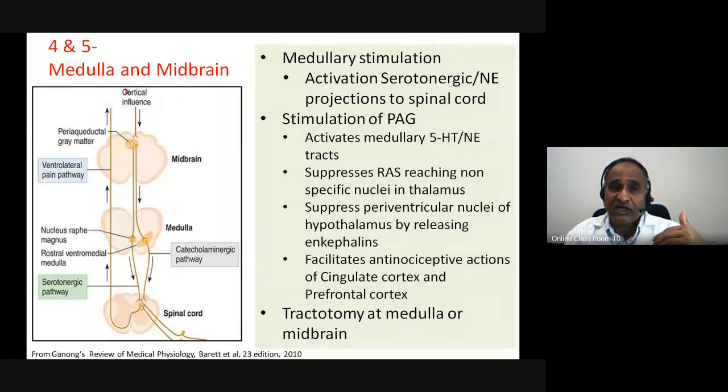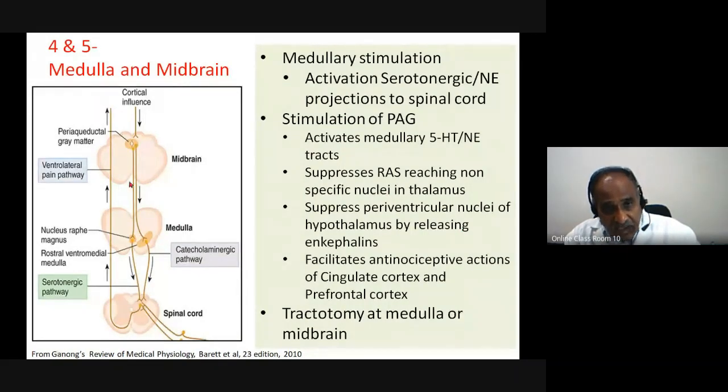So the activity is not there, and it will facilitate the anti-nociceptive actions of the cingulate cortex. The stimulation here will go to the cortical centers and facilitate the anti-nociceptive actions of the cingulate cortex and the prefrontal cortex, and it suppresses the paraventricular nuclei of the hypothalamus by releasing enkephalin here in the third ventricle and the fourth ventricle.